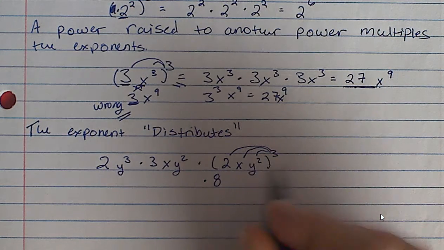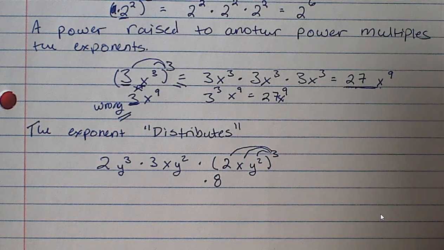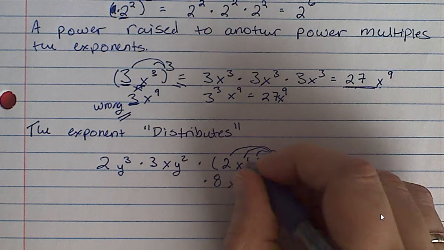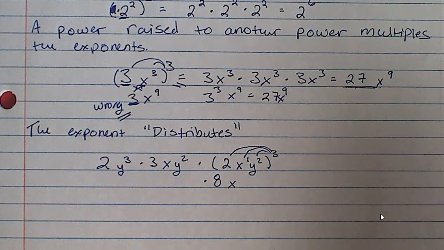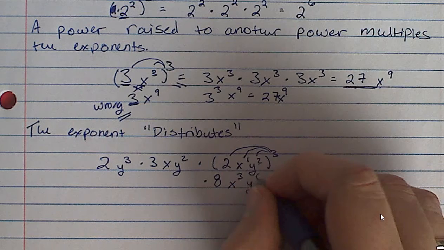And then x, if there's no exponent, what exponent's really there? 1. So this is going to be x to the 1 times 3 power. 3, right? 1 times 3 is 3. And then this is going to be y to the 2 times 3 power, which is 6.